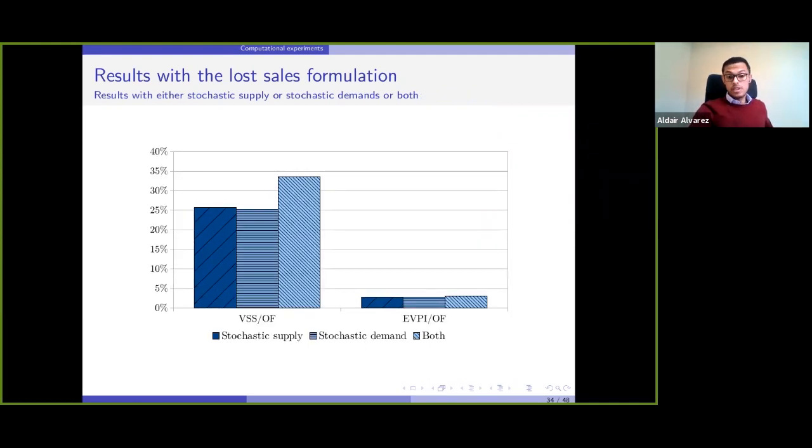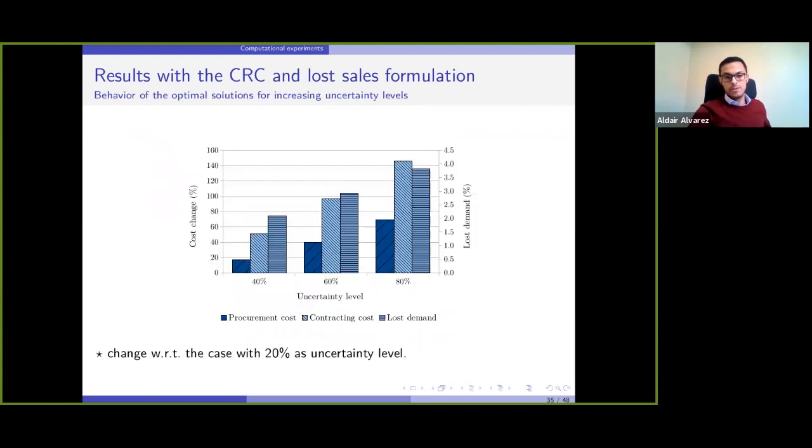But even if you neglect supply uncertainty, for the case with only stochastic demand, the value of the stochastic solution is still important. So it's important to consider demand uncertainty, even though it is not as meaningful, let's say, in this context here.